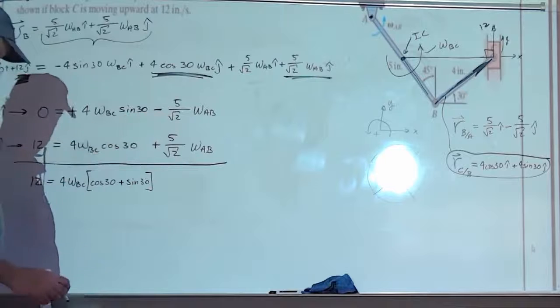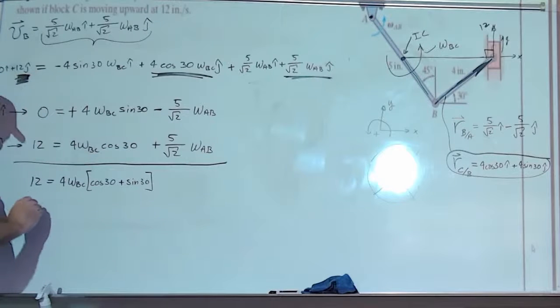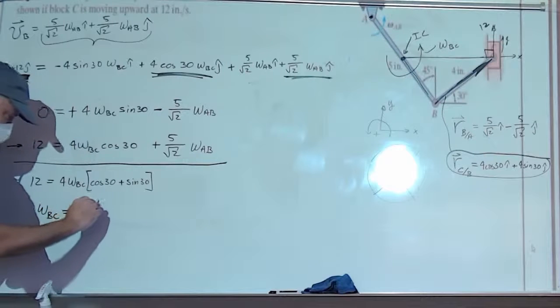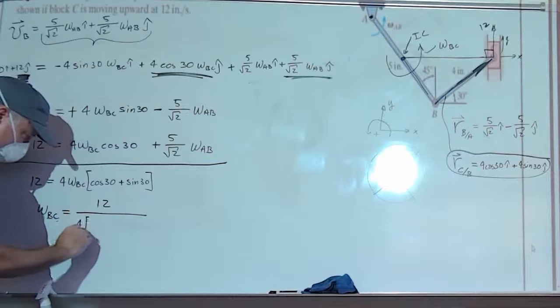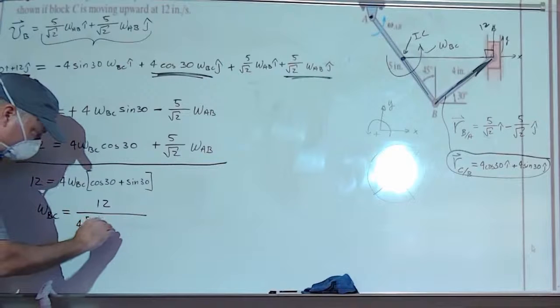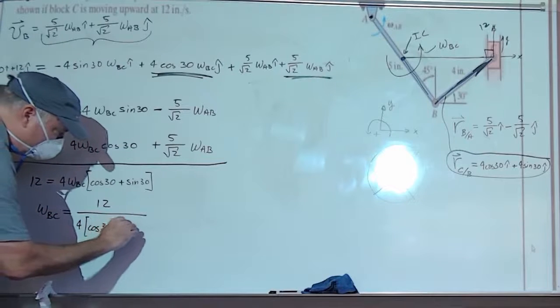That and that cancel each other out. So now I get omega BC equal to 12 divided by 4 cosine 30 plus sine 30.